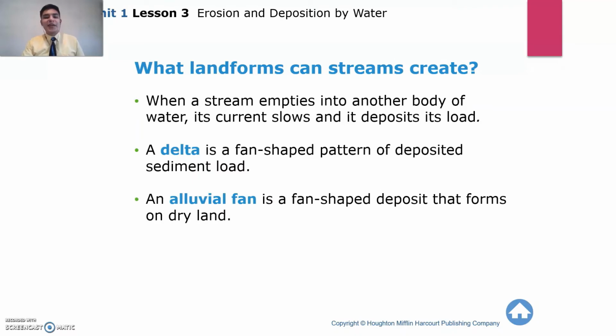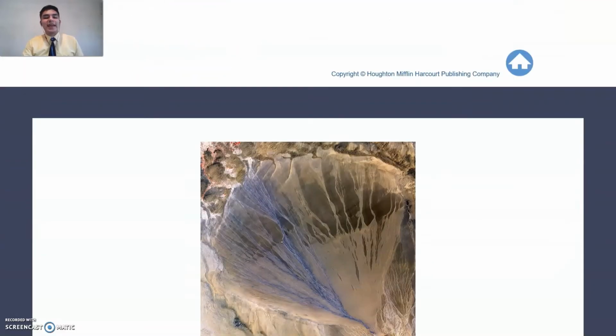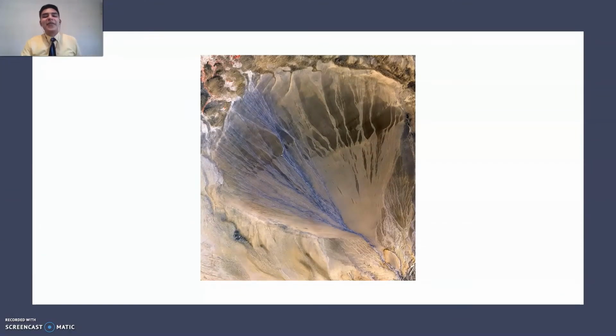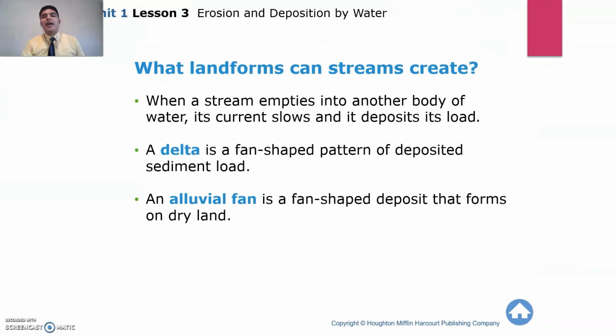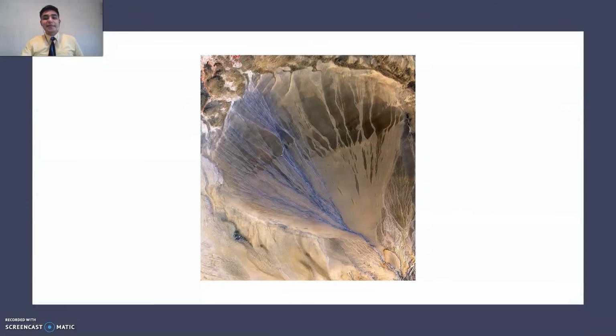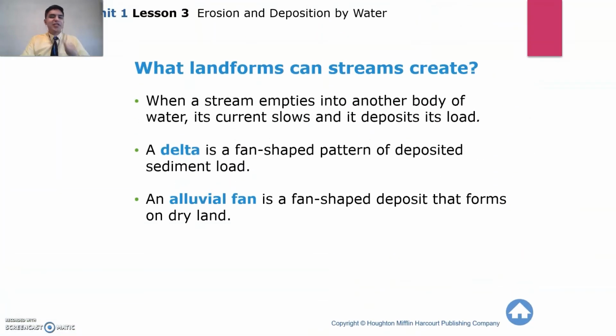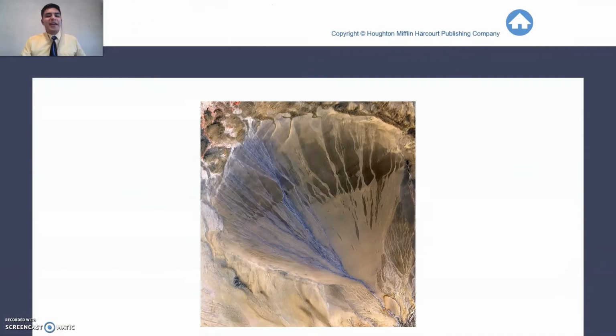And an alluvial fan is a fan-shaped deposit that forms on dry land. And here you have an example of what an alluvial fan is. So this structure is pretty interesting. Just like you can notice, it sort of reminds us of the shape of a shell. And basically that's what we're mentioning right over here, an alluvial fan.